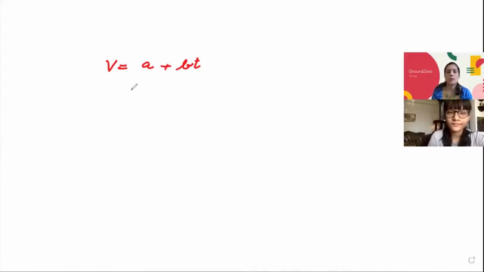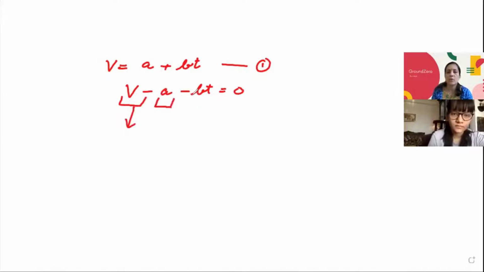Yeah. So this is an expression given, right? So I can write the equation like V minus A minus BT equal to 0, right? So what does the principle of homogeneity say? The dimension of each term of the equation is the same. So let us suppose V is given, this dimension will be the same as the dimension of the term A, and that will also be the same as the dimension of the term BT, right?